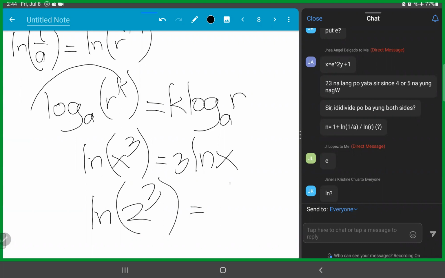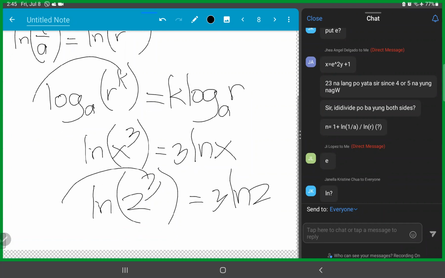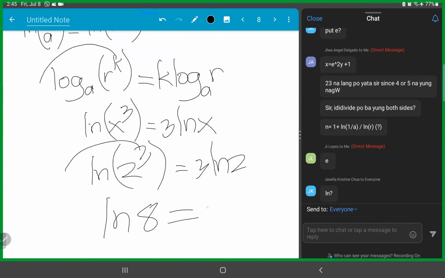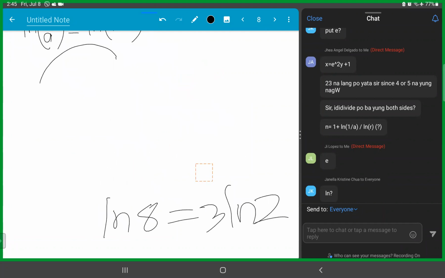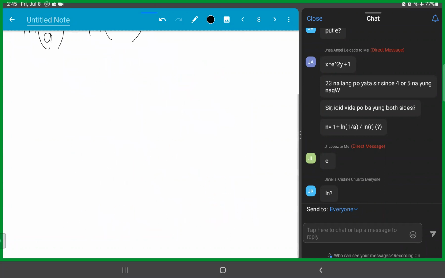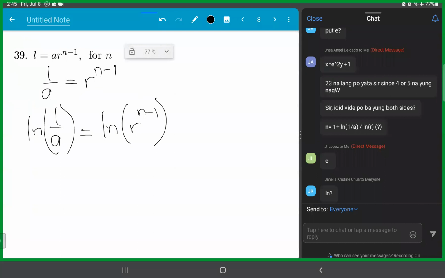According to the property, that's the same as 3 ln 2. So you can check your calculator. Yung ln ng 8 is equal to 3 ln 2. Okay? So later on pa, magagamit yung mga ganyan. So, i-apply natin yan, binababa yung exponent kapag nasa loob ng logarithm. Parang gumamit ka lang ng mnemonic, no? You can bring down an exponent inside the logarithm. Parang ganun. So, we'll bring down the n minus 1, this one here.